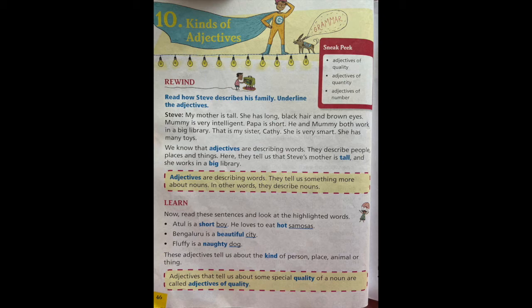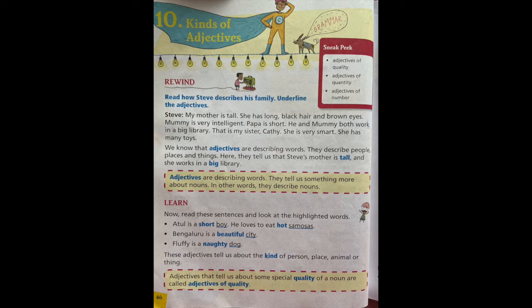Samosas are the thing which are described as hot. Next, Bengaluru is a beautiful city. City is a place and it is described as beautiful. Fluffy is a naughty dog. Here, the dog, an animal, is described as naughty, right?